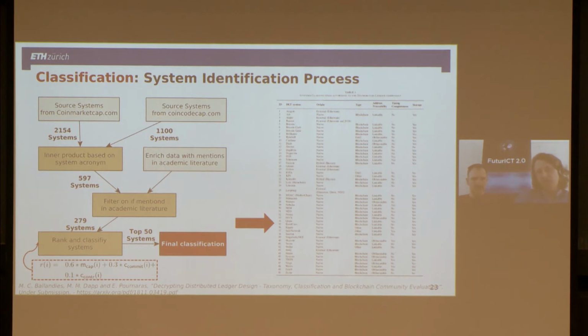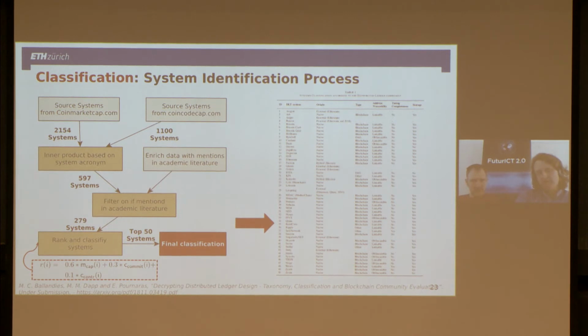We enriched it with the criterion of whether these systems have been mentioned in academic literature, because we wanted that as an importance measure of these systems. Then we ranked them based on this ranking function, where we considered the market capitalization of a system also as a proxy for its importance, but also the community contribution to the system.